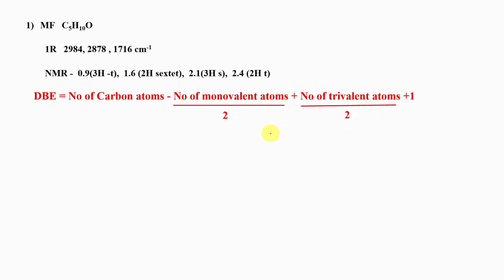For this molecule, it will be 5 minus 10 by 2 plus 0 plus 1, that is equal to 1. That 1 indicates either a pi bond or an aliphatic ring is present in this molecule. Then take the IR value. 1716 centimeter inverse indicates a carbonyl group is present in the molecule.